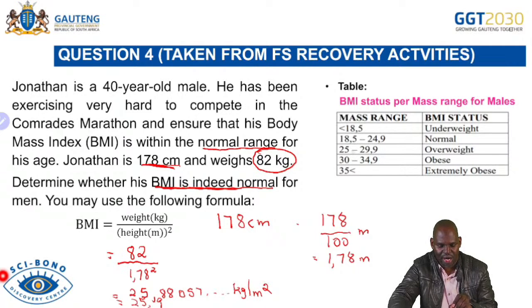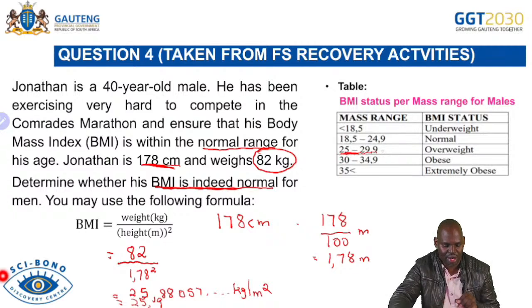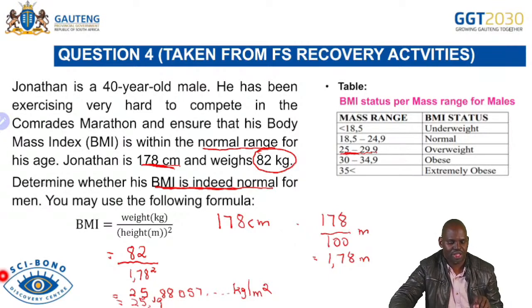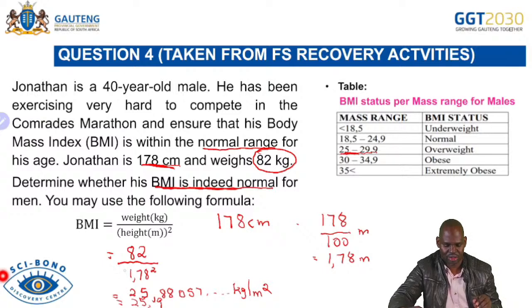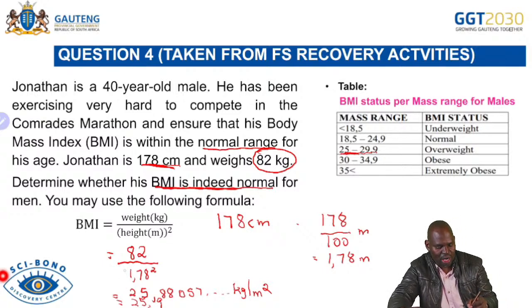It's in this range, 25 to 29.9. The question is, determine whether his BMI is indeed normal for men. According to our calculation, this is overweight. So this is not normal, but overweight.